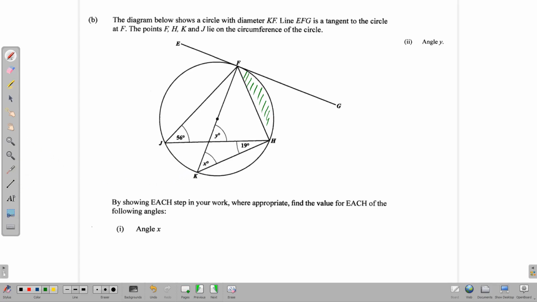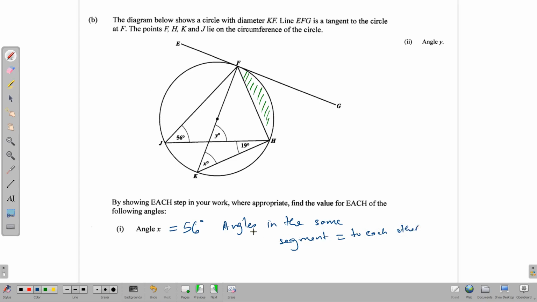So we can just write that down: angle X is equal to 56 degrees, and it is 56 degrees because they are both angles in the same segment. And of course, they're equal to each other.